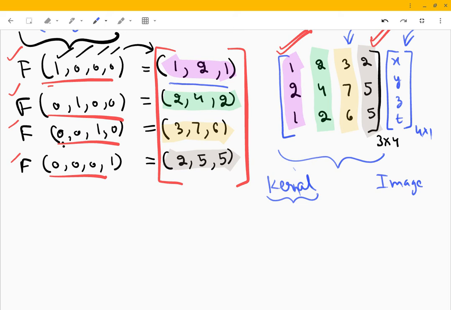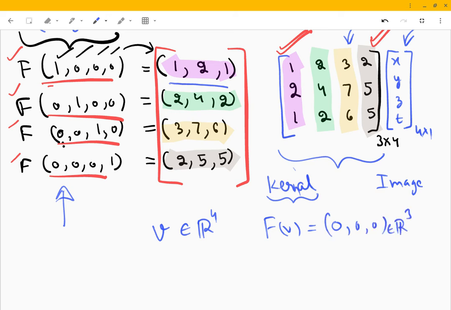Let me copy this. For the kernel, now see what a kernel is. Kernel consists of all the vectors from our domain that map to 0. Okay, so all vectors belonging to our domain, which is R4, that map to the 0 vector, that map to 0, 0, 0 in R3.